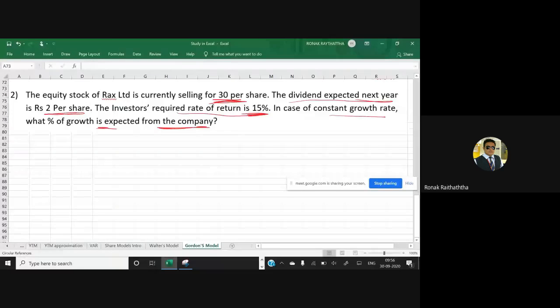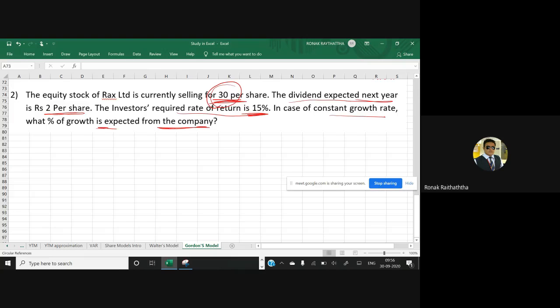Okay, so here we have a bit different question. It's not something which is very easy to do. What we have in this case is that as per Gordon's model, they have given us the market price, which is 30. See the information which is being asked from our side, that we should understand. The dividend expected next year is 2 rupees.